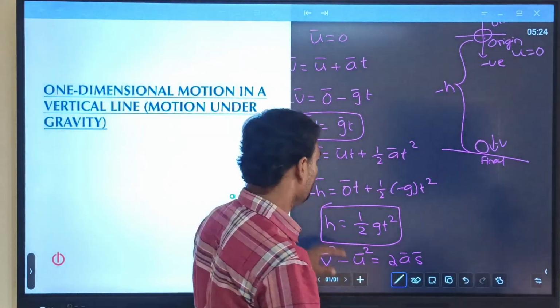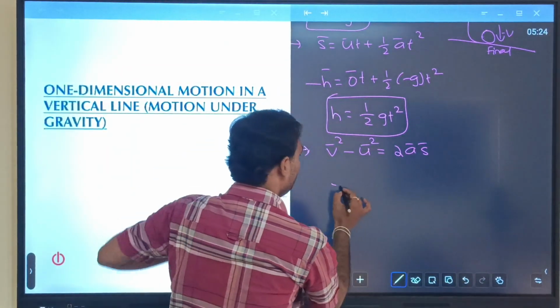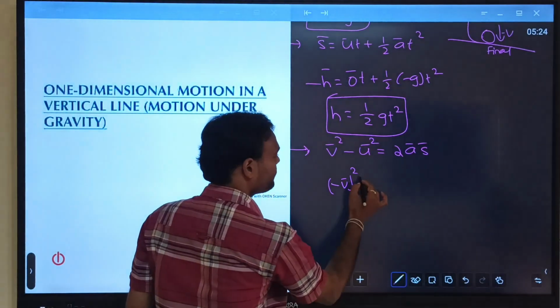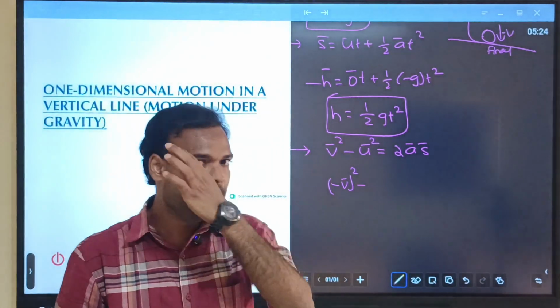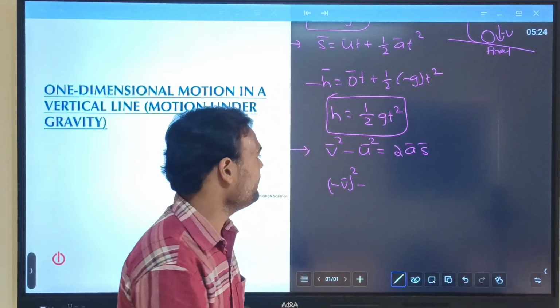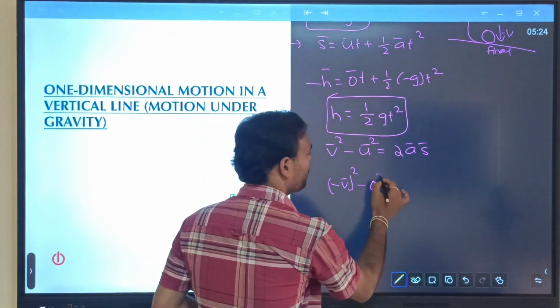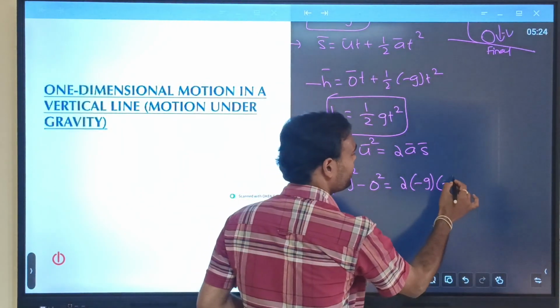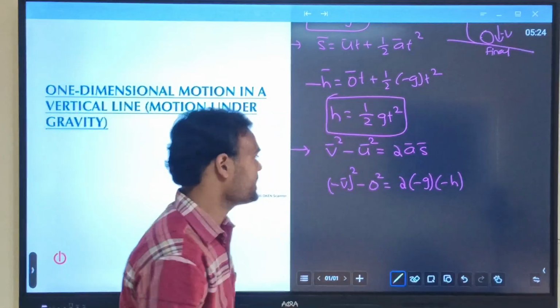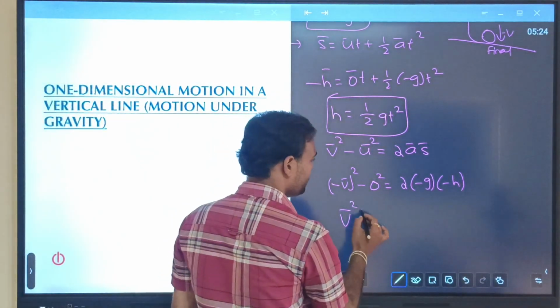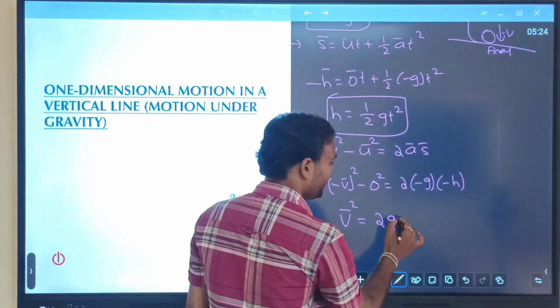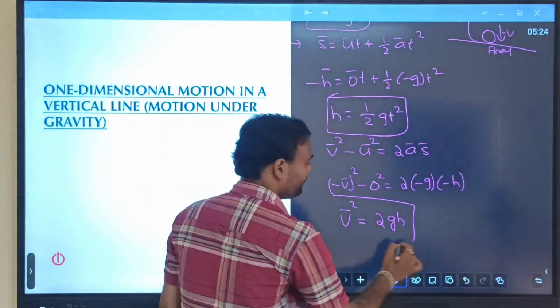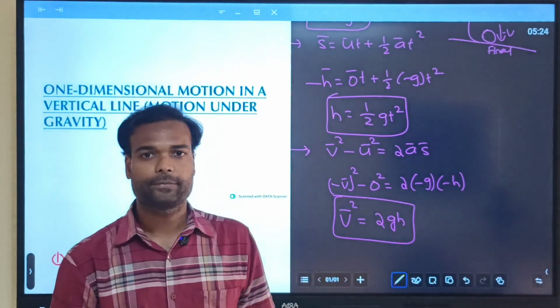So I can write (-v)² - 0² = 2(-g)(-h), since we are dropping the object and the initial velocity is 0. Then v² = 2gh. So the formula turns into this, right?